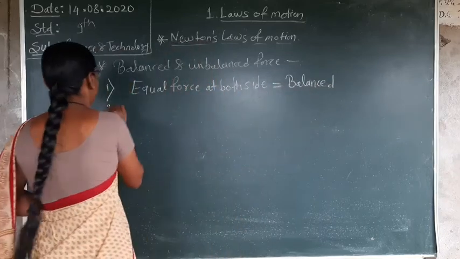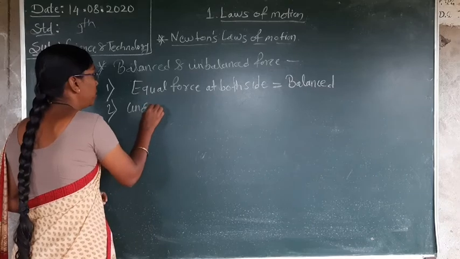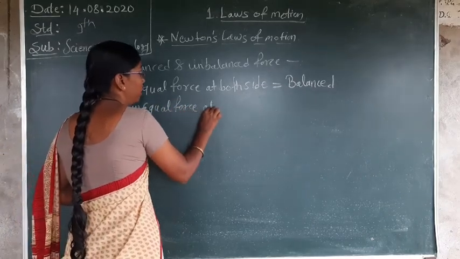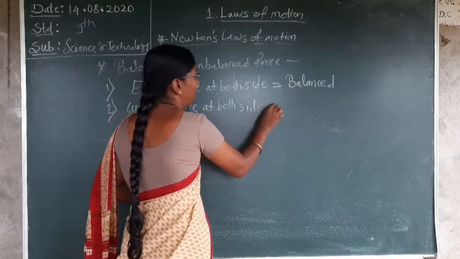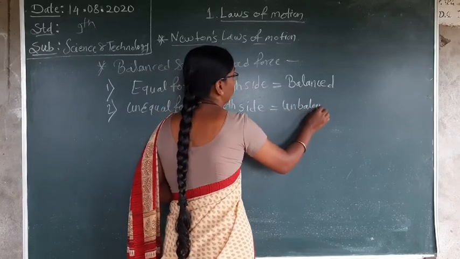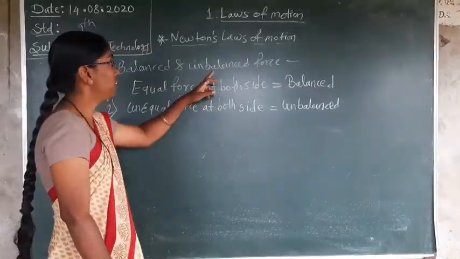And the second point: unequal force at both sides, then it will be unbalanced force. Don't forget, balanced and unbalanced force.